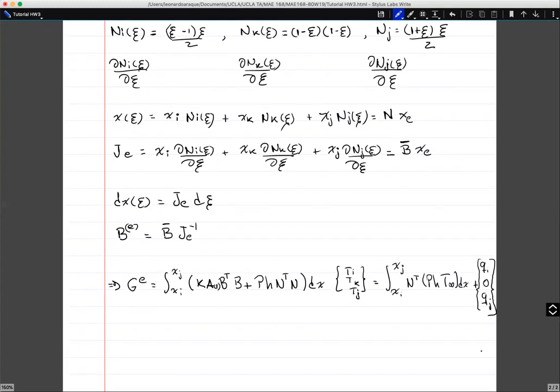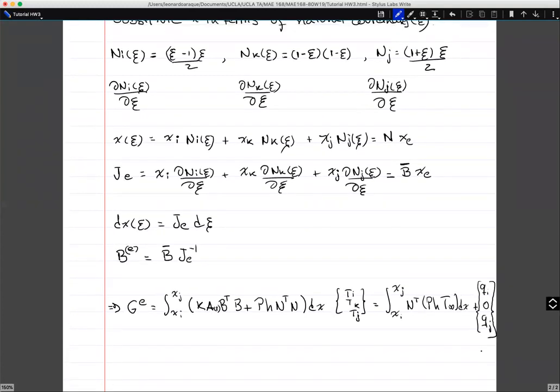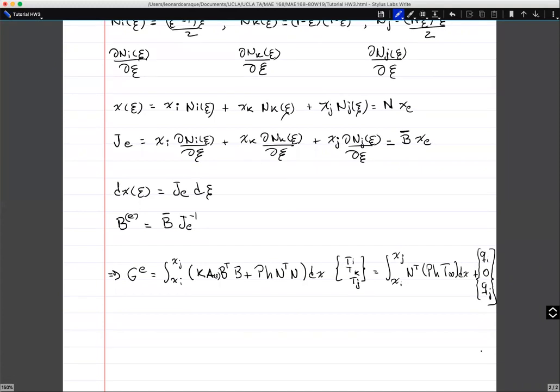Okay, so in the natural coordinates, our limits always range from -1 to 1. All our elements are defined under the same limits, independent of the location of the element in the global domain. So in our reference formulation, the integral now has the limits from -1 to 1.